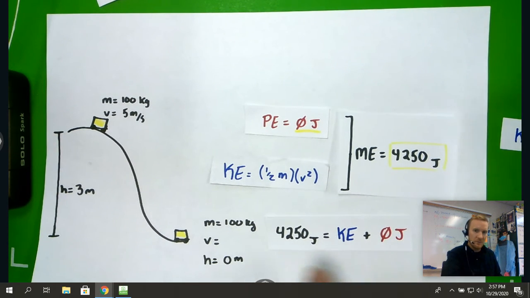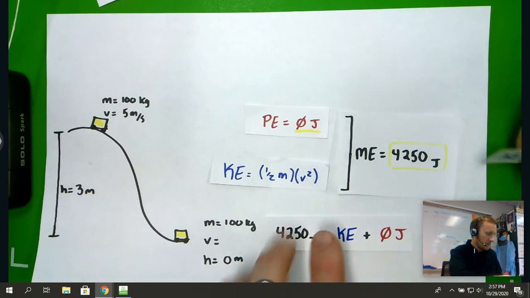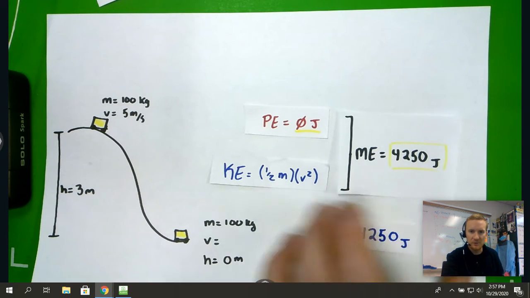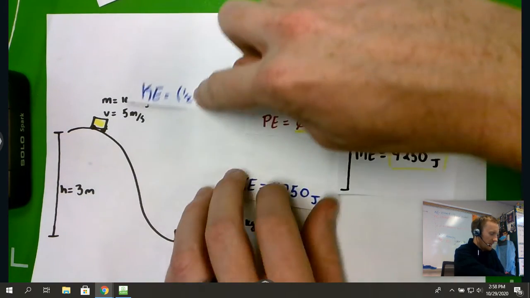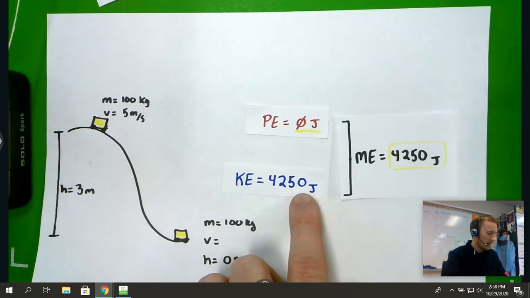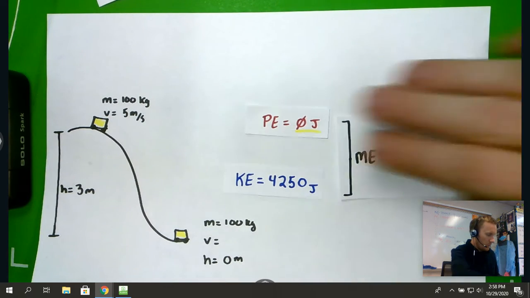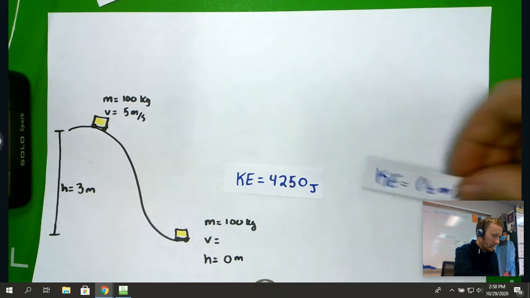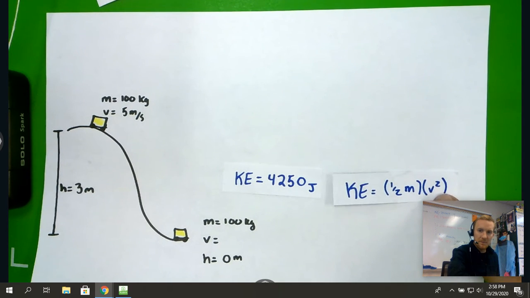So if you do some algebra, you know that, well, 0 plus 4,250 is going to give us 4,250. So that means that has to be what our kinetic energy is at the bottom of the hill. Right? So now that we know what our kinetic energy is down here, we can use that to solve for our missing velocity.